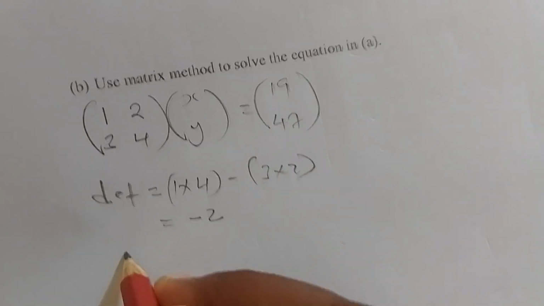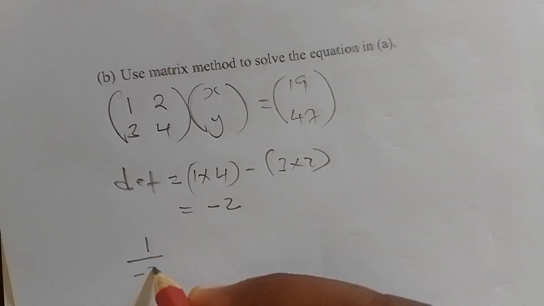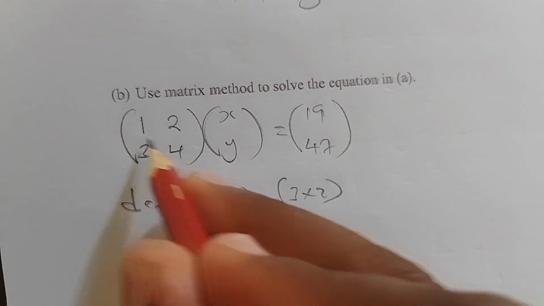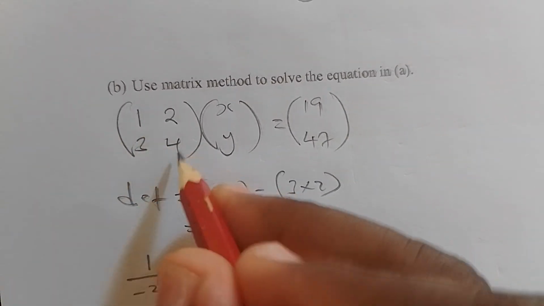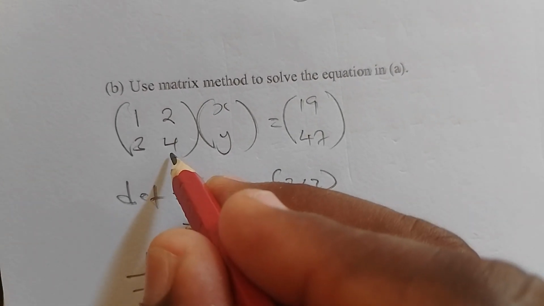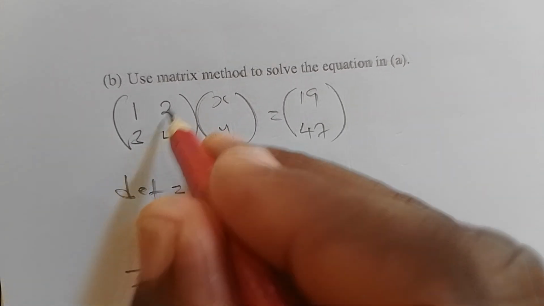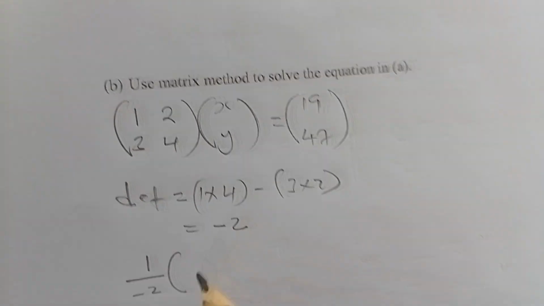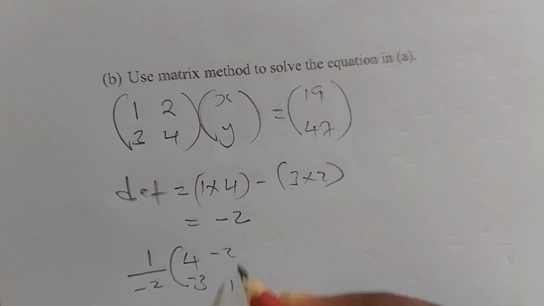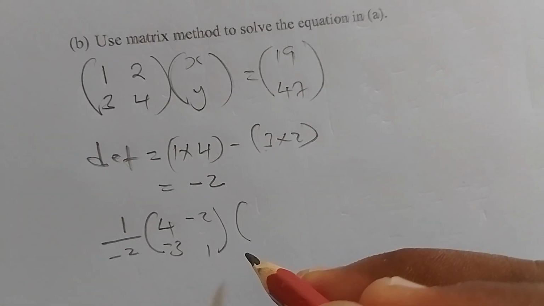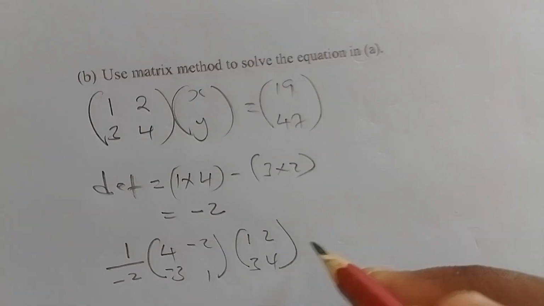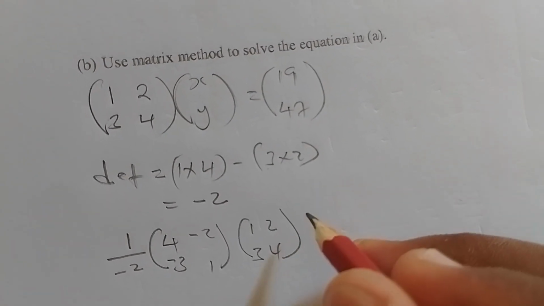Now the inverse is 1 over the determinant, and then we just interchange the position of the elements in the main diagonal, and then we change the signs of the elements in the minor diagonal. So here we shall have 4, minus 3, minus 2 and 1.